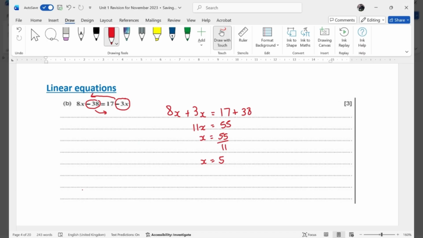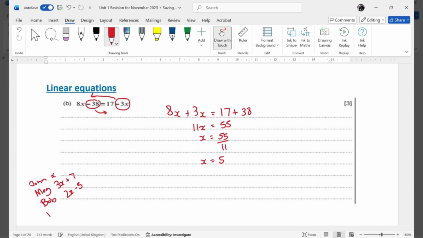Okay, they would probably potentially hide the linear equation in a worded question quite a lot of the time, okay? So have a look for things where they say, this is this, this is this, and this is this bit of algebra, and they add up to this, right? So for example, John is x years old. Megan is 3x plus 7 years old. And Bob is 2x minus 5 years old.